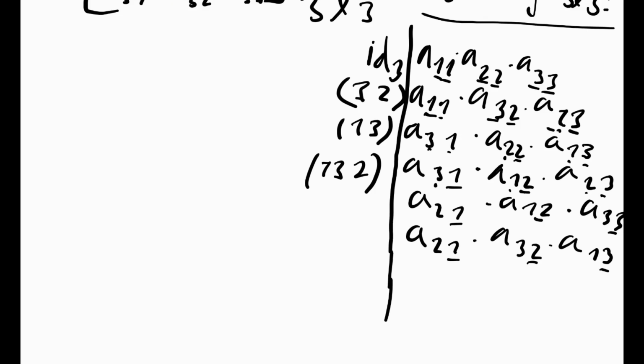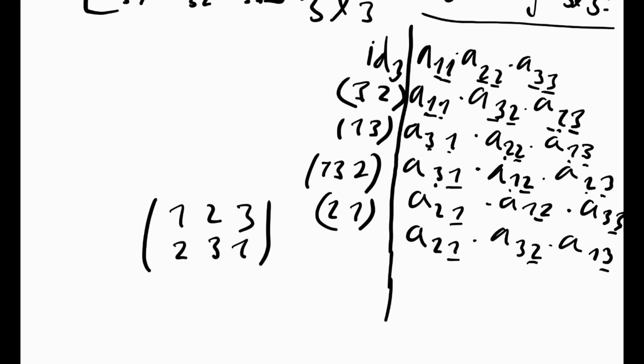And now A21, A12, A33. Well, it's 2, 1, 3 now. So this one is not moved, but 1, 2 is moved. So the same as (2 1). And the last one, that corresponds to this one, we have 1, 2, 3 going to 2, 3, 1. So that is 1 to 2, 2 to 3, 3 to 1.